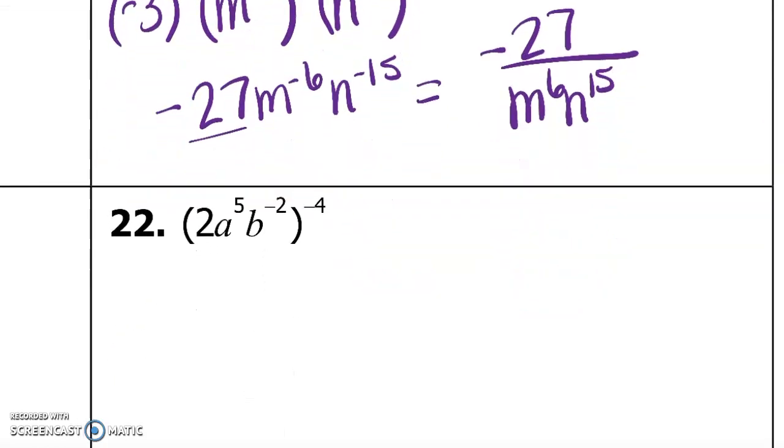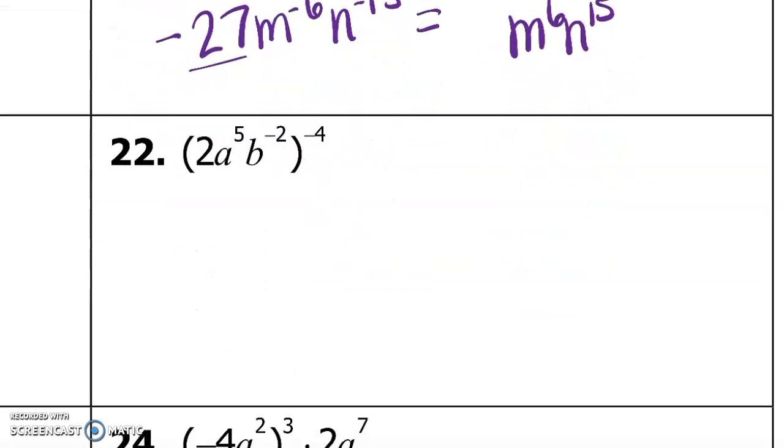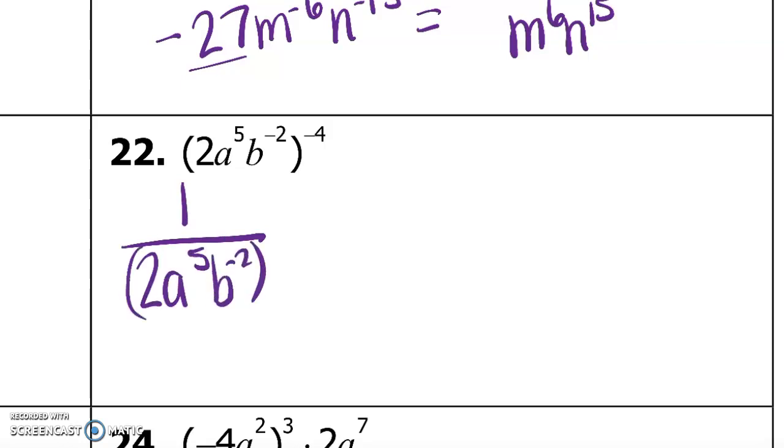When you have a whole big parenthesis to a negative exponent, I recommend putting that whole thing on the bottom. Most of the time, if people try to do this without doing that, they get either negative 8 or negative 16 when they do 2 to the negative 4th. That is incorrect.